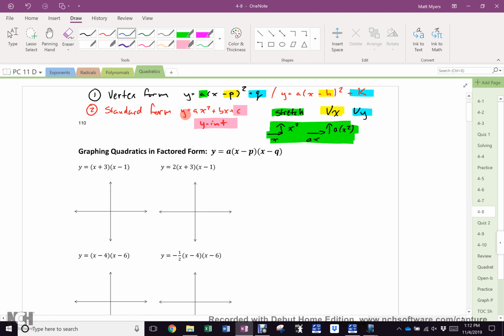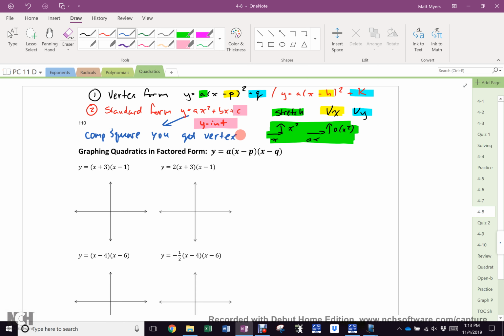And if you complete the square, you get vertex form. That's where we stand right now, right?